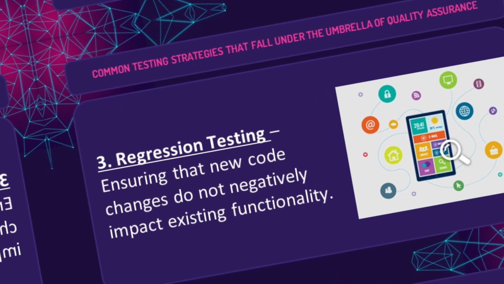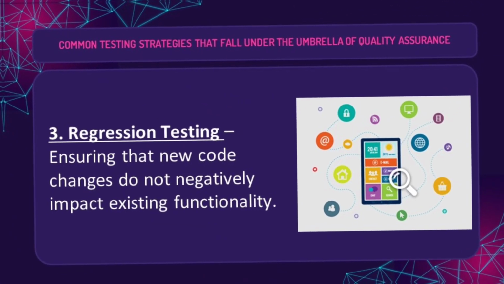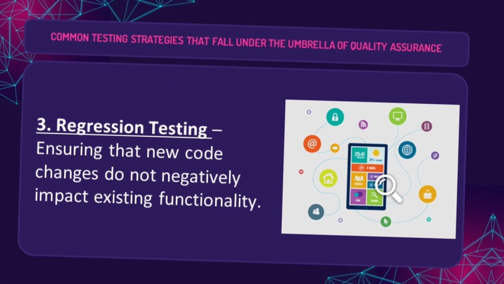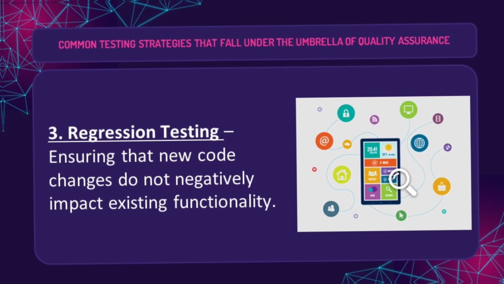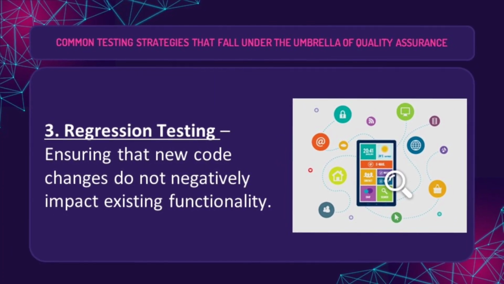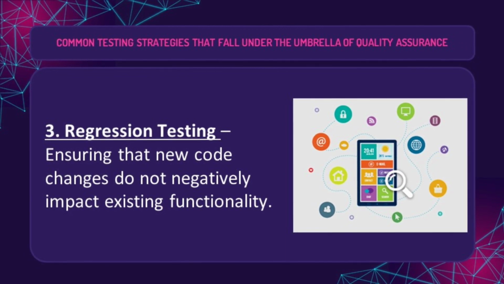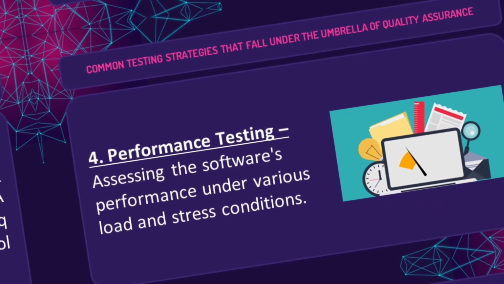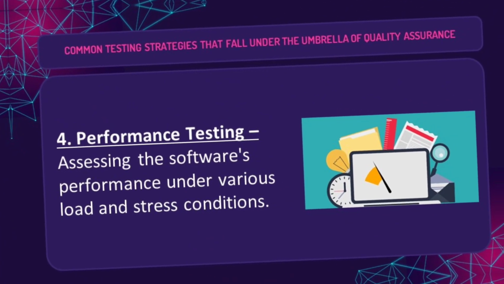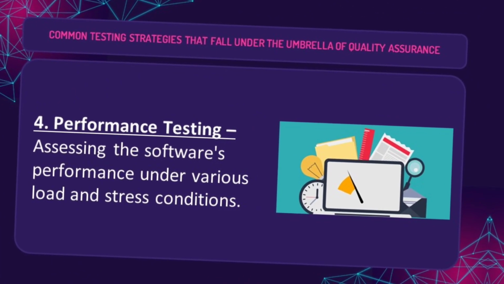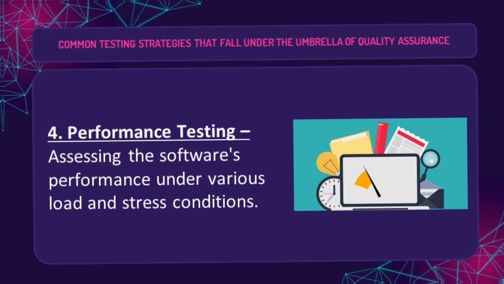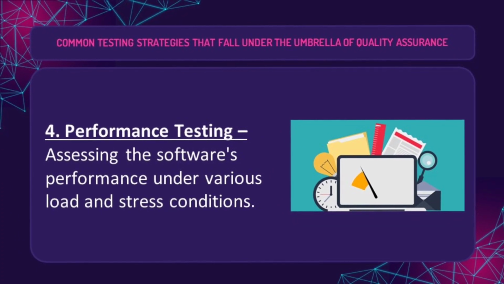Regression testing. This type of testing ensures that new code changes do not introduce defects or negatively impact existing functionality. It helps maintain the integrity of the software. Performance testing. Performance testing assesses how the software performs under different conditions, such as high user loads or stressful situations.